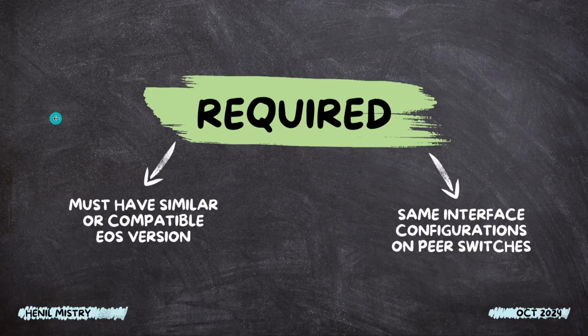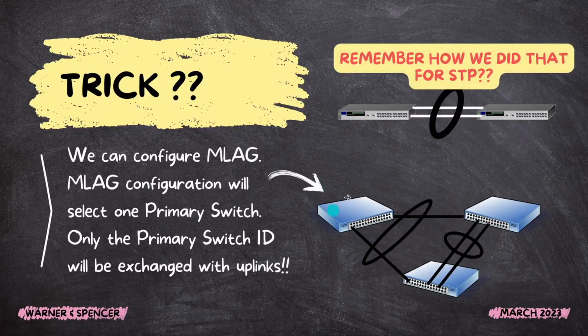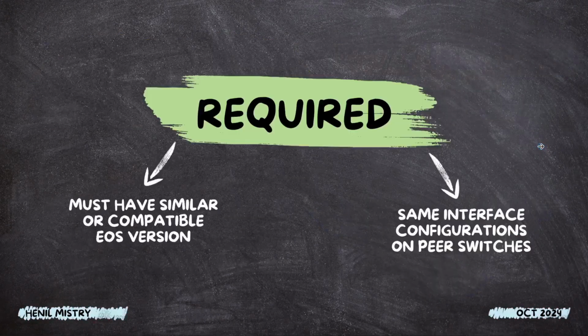So MLAG, that we are talking about, you can say it is a feature, or you can also consider it a protocol, but it is not a standardized protocol. MLAG, or multi-chassis link aggregation, is a vendor-specific or proprietary protocol that individual vendors provide.